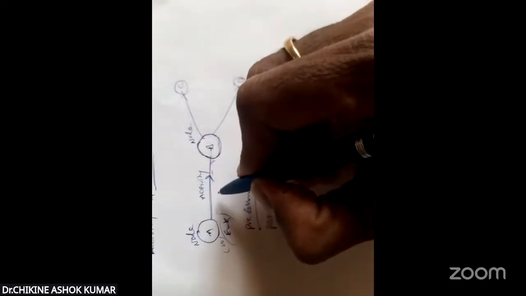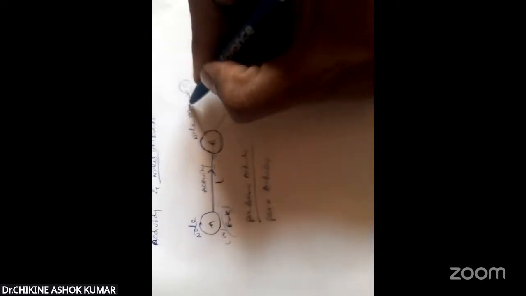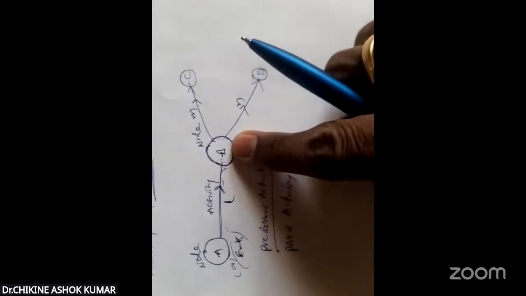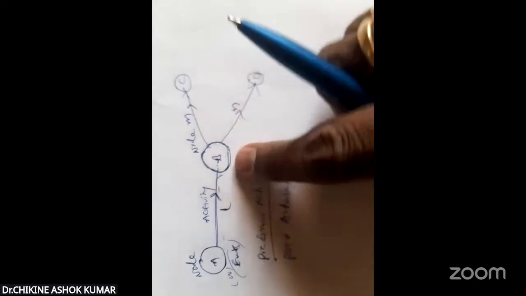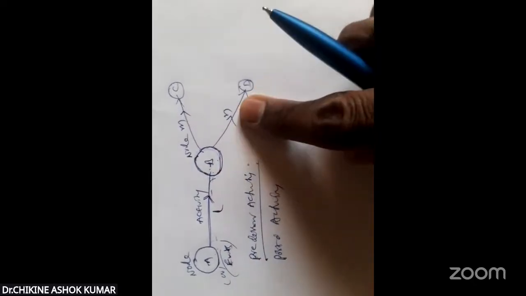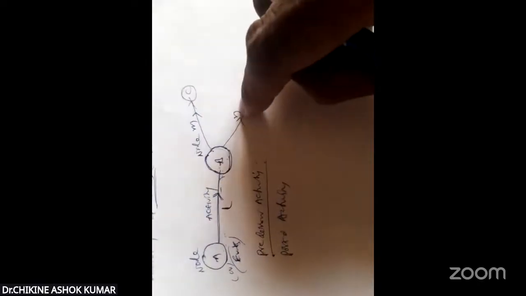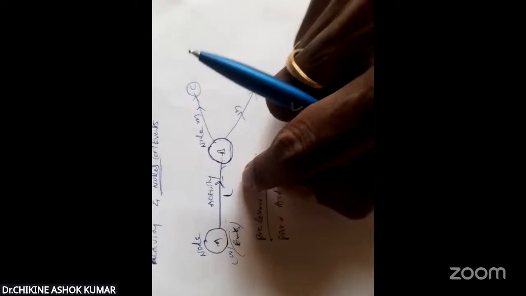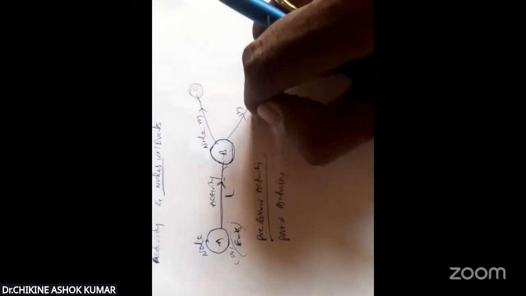Let us give the names L, M, N. Activity L is A to B, M is B to C, and N is B to D. Before M and N we have activity L, so L is the predecessor activity of M and N. Is it clear?